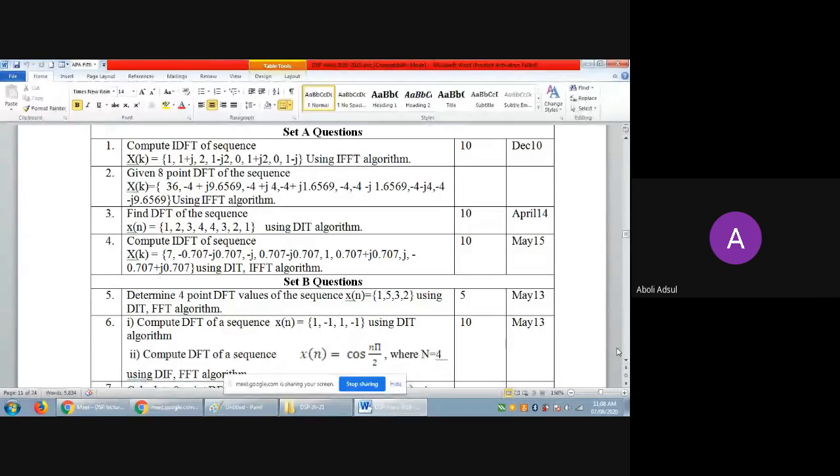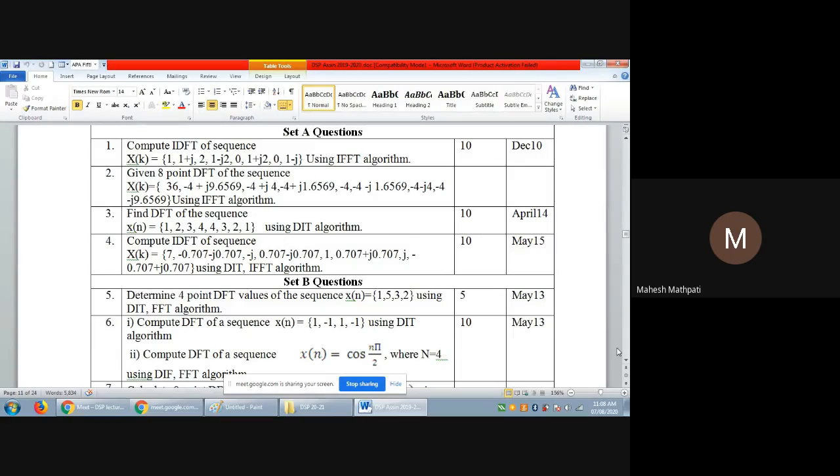Multiply by 1 by n. All outputs should be multiplied with 1 by n. What else? The multiplier should be a complex conjugate.